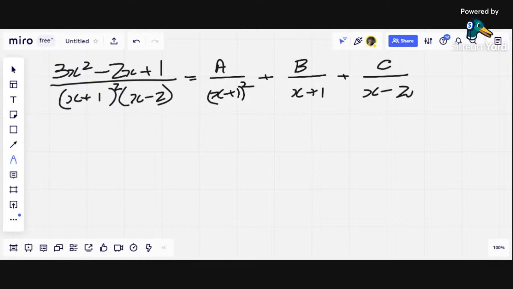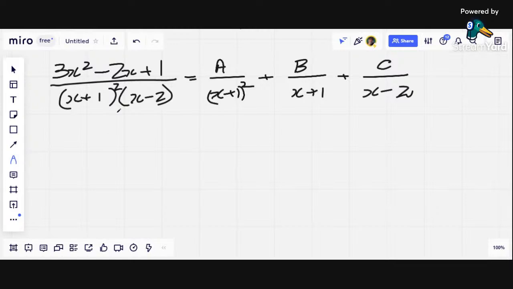Okay. So now we've broken it up into our, I guess, our skeleton. And I'm just moving around my notes here. So let's focus on converting this into a system of linear equations.